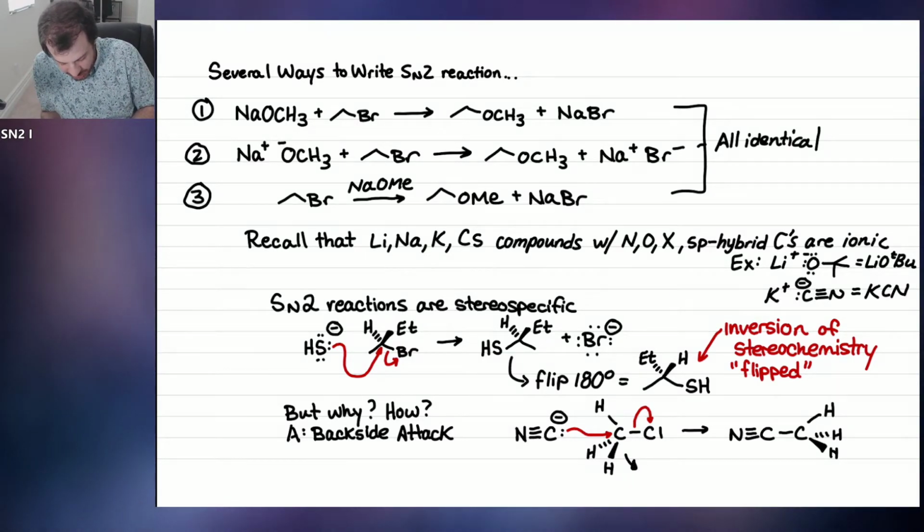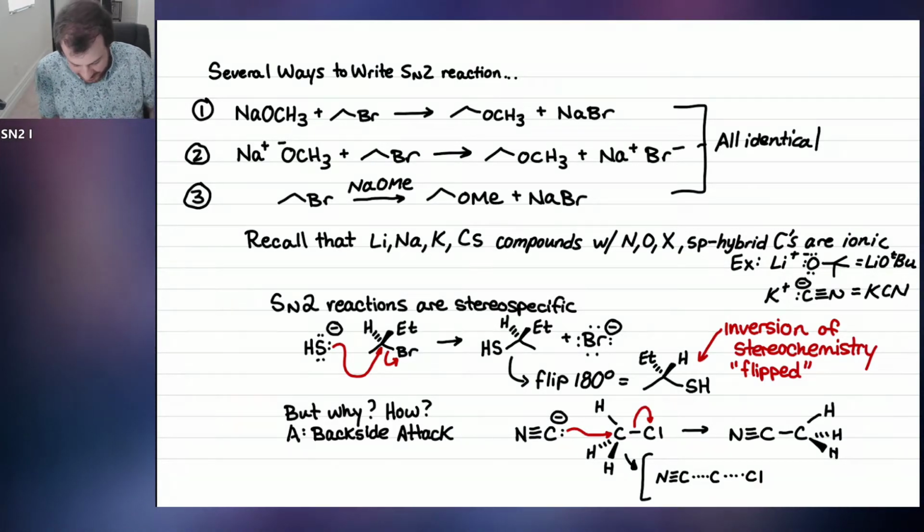If you watch this reaction in super slow motion and watch the two molecules come in, you watch the cyanide enter, you watch the chlorine leave, right at that halfway point, we call that the transition state, and we can draw that like this. So at the transition state, the carbon is being flanked by the cyanide group, and the chlorine is sort of leaving at the same time.